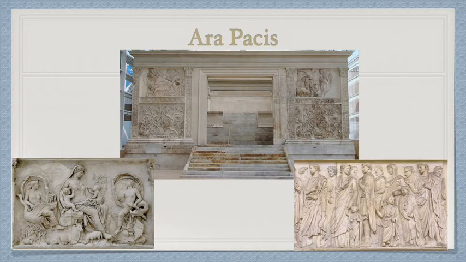Aeneas was a Trojan. He was from Troy. And after the fall of Troy, he and the survivors basically traveled to find a new homeland.